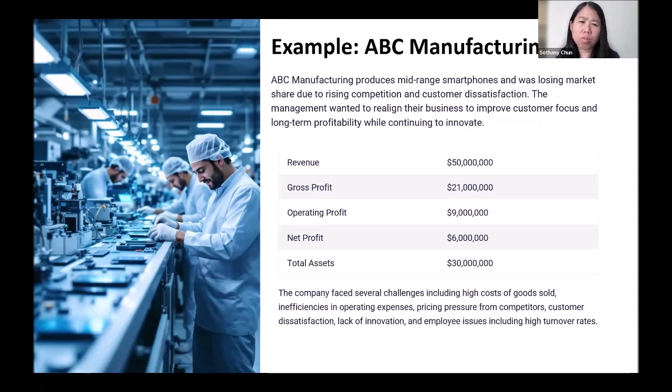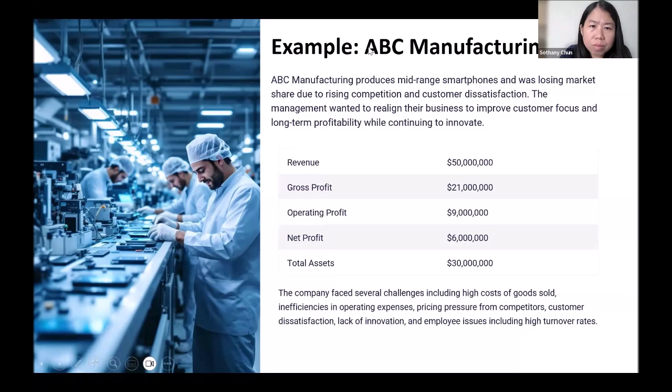ABC Manufacturing produces mid-range smartphones and was losing market share due to rising competition and customer dissatisfaction. Their management wanted to realign their business to improve customer focus and long-term profitability while continuing to innovate.